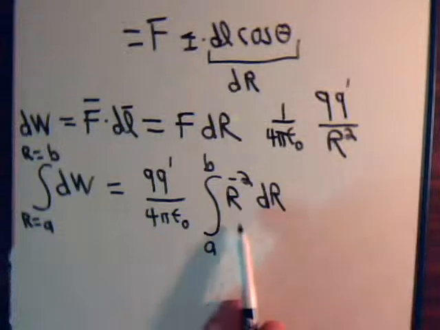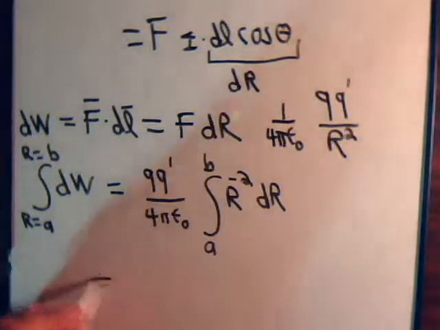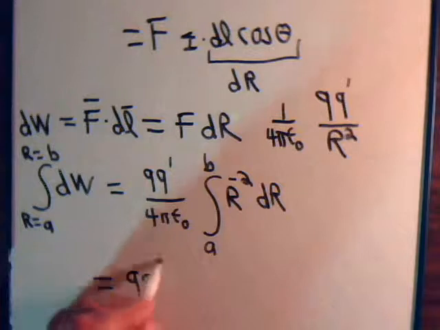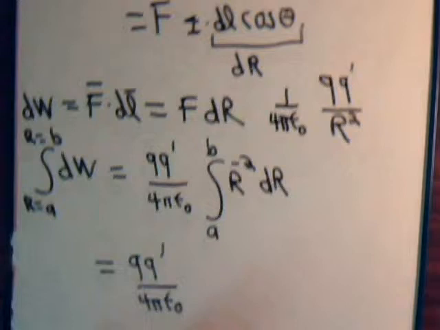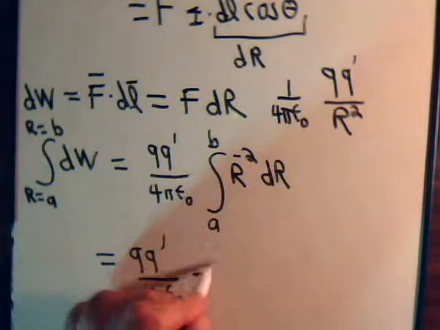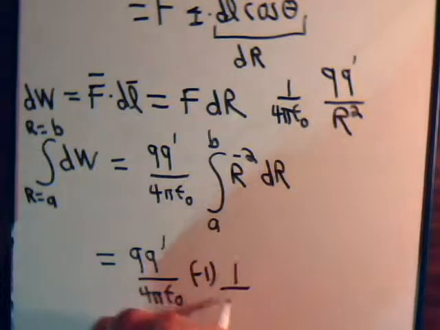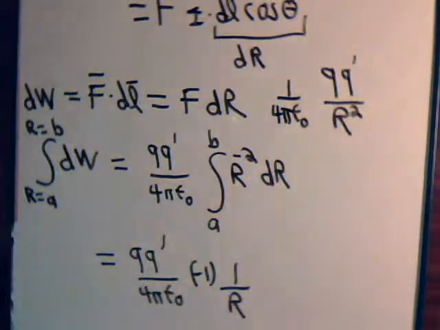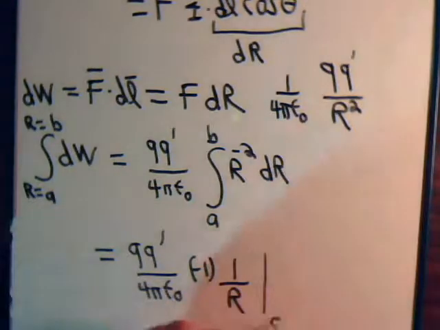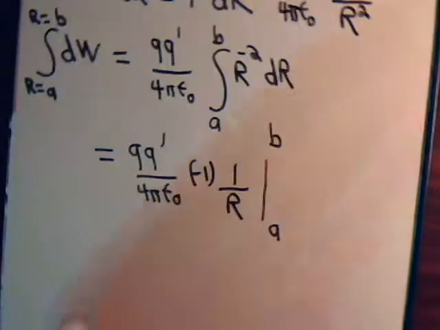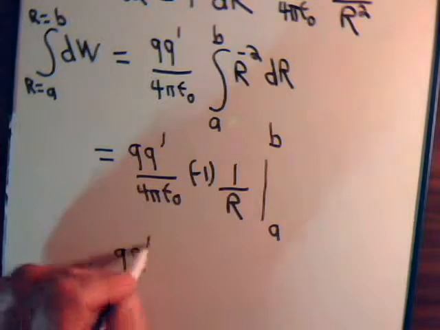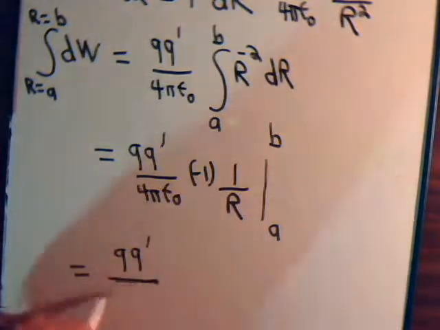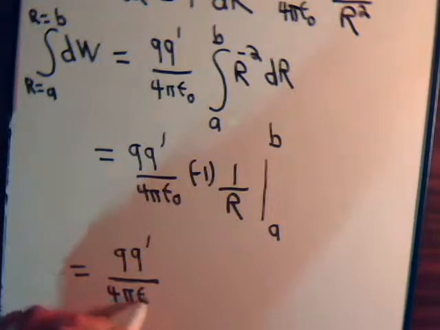And of course this is a real simple integral. This is just going to be minus 1. This will equal Q prime over 4 pi epsilon times minus 1 over r, where r goes from a to b, or that will equal our constant here, Q prime over 4 pi epsilon naught.